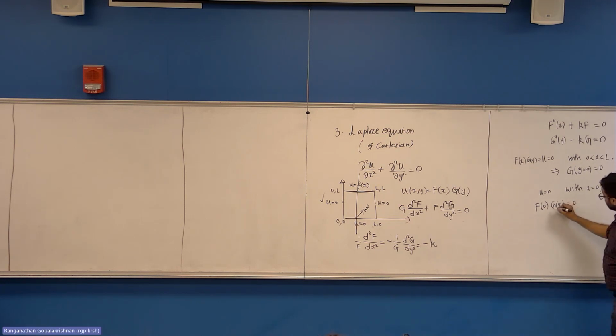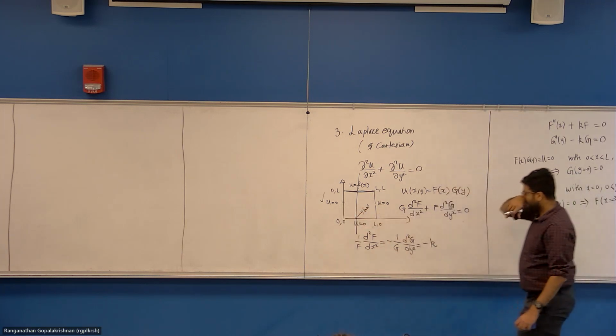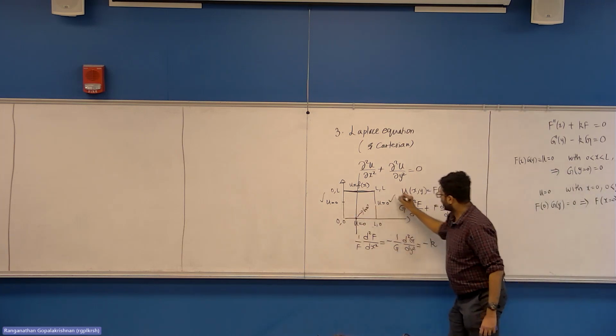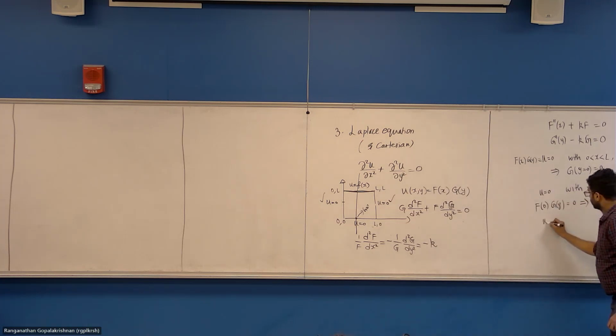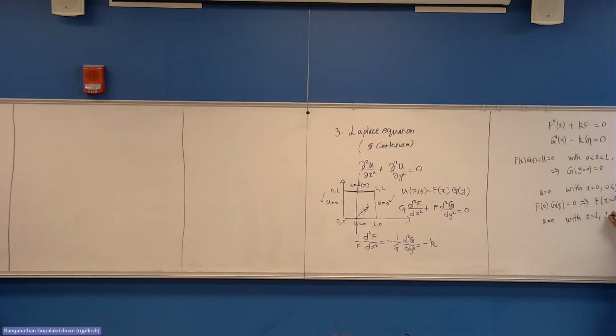If we assume in general g of y is non-zero, this implies f of 0 equal to 0. That is this side. By the same logic, on the other side, u equal to 0 with x equal to L and 0 less than y less than L implies f of L equal to 0.